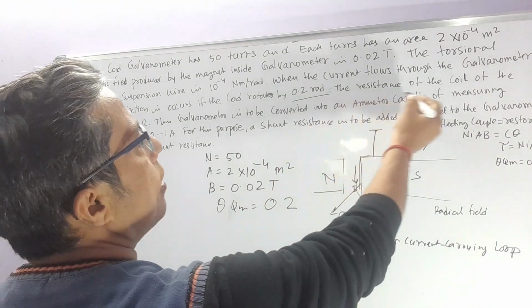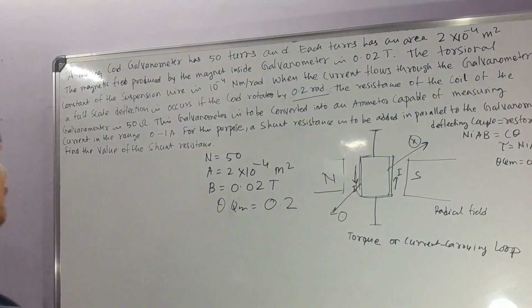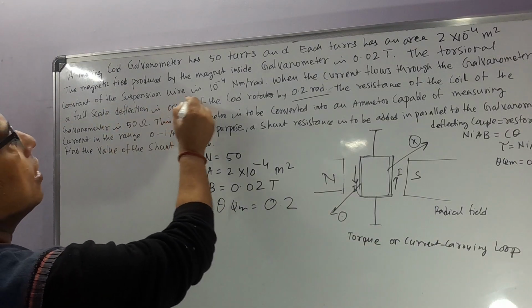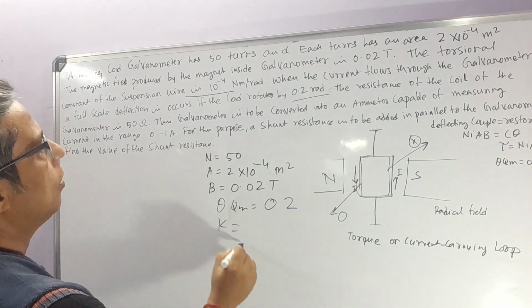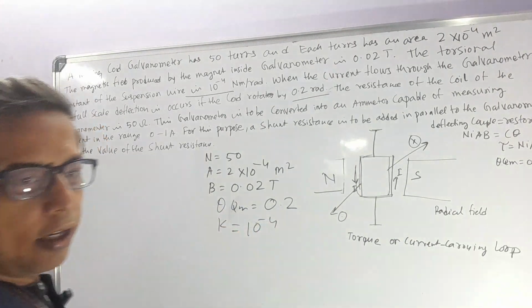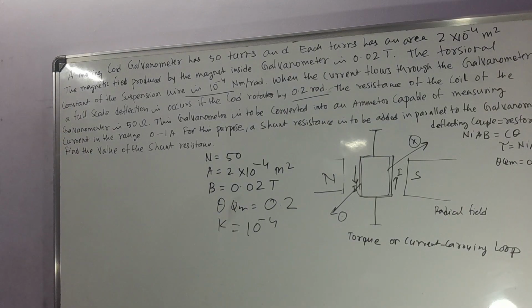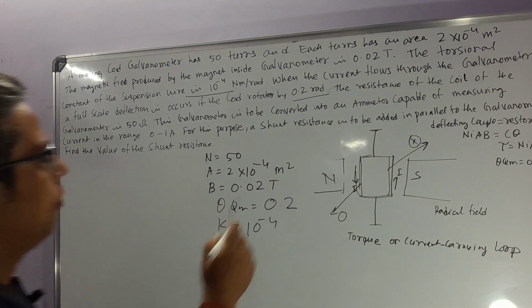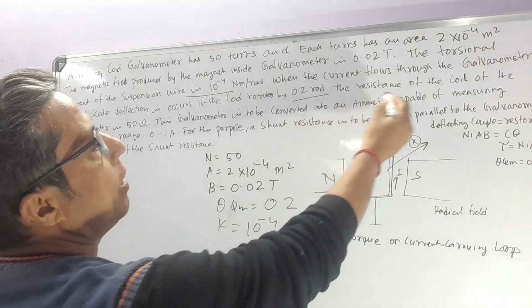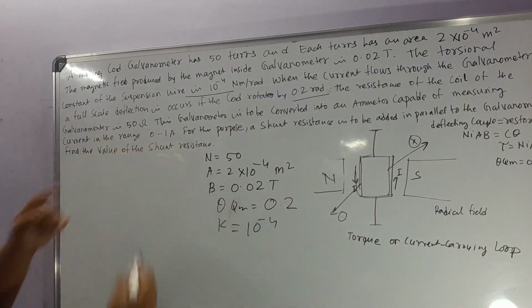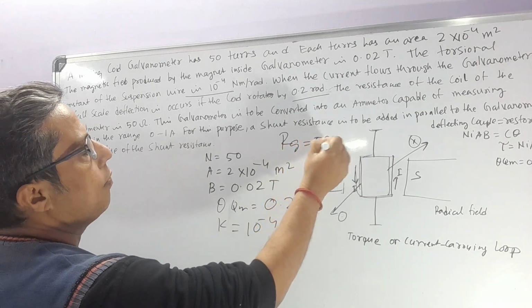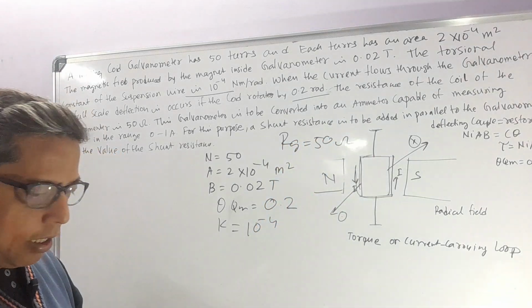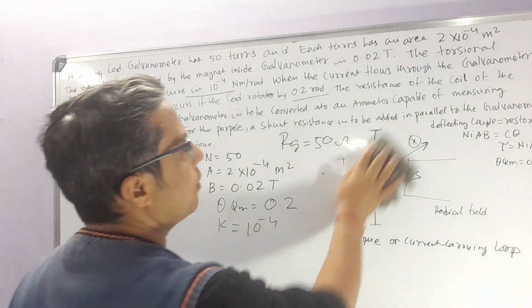So the torsional constant K is equal to 10 to the power minus 4. Now, they have mentioned that the resistance of the coil of the galvanometer is 50 ohm. So Rg is equal to 50 ohm, the resistance of the galvanometer.